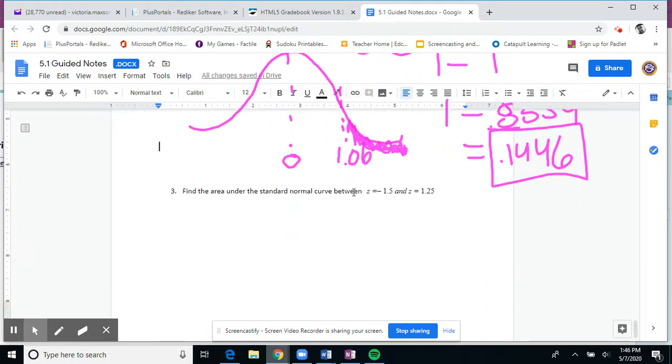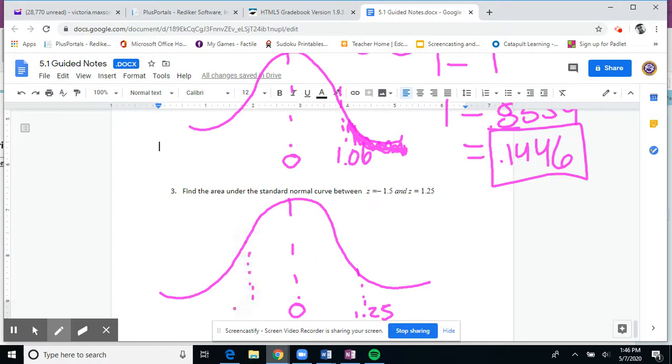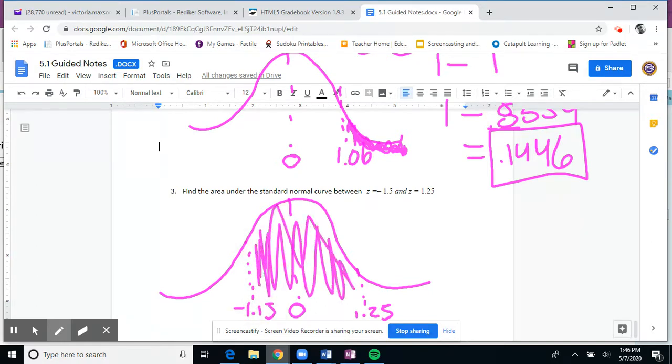Find the area under the standard normal curve between z equals negative 1.15 and z equals 1.25. All right, here's 0. We have positive 1.25, we'll say that's about here. Negative 1.15, we'll say that's about here. And we want this area between.